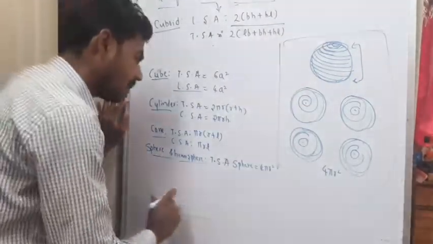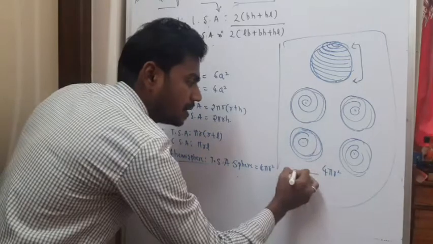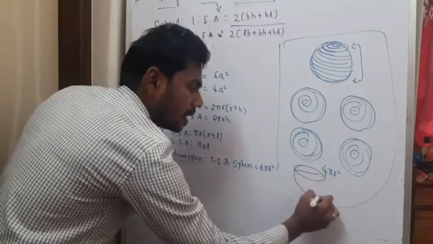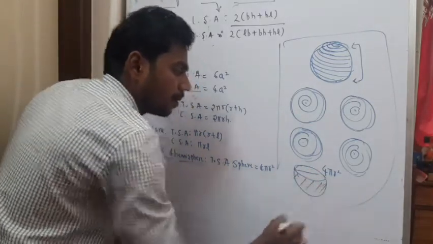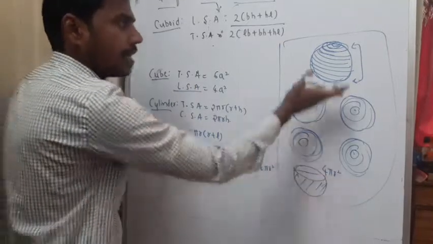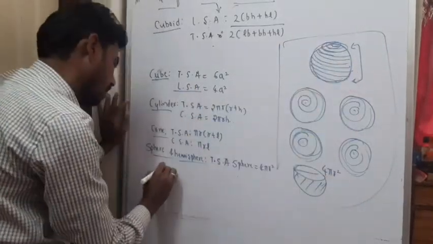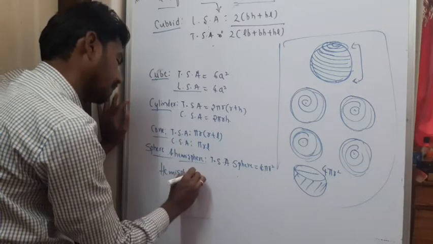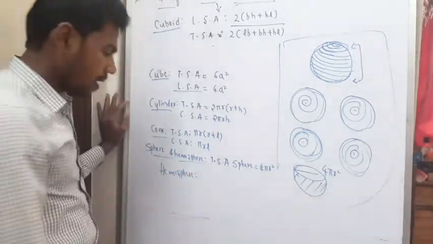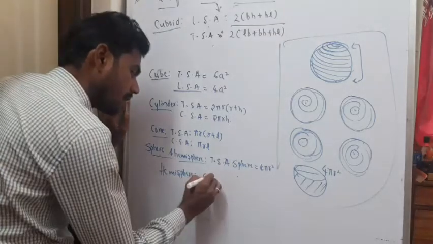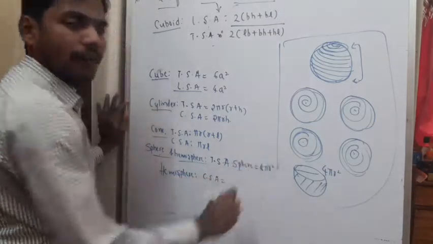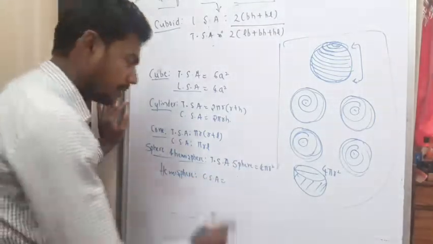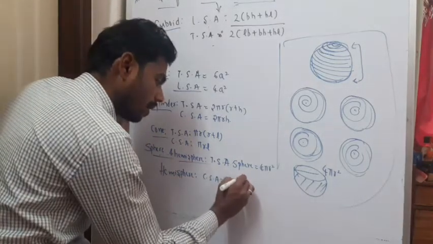But in case of a hemisphere, half of the sphere is nothing but a hemisphere. If you take the curved surface area, it is exactly half of it. So in case of a hemisphere, the curved surface area is equal to half of the total surface area of the sphere, that is 2 pi r square.